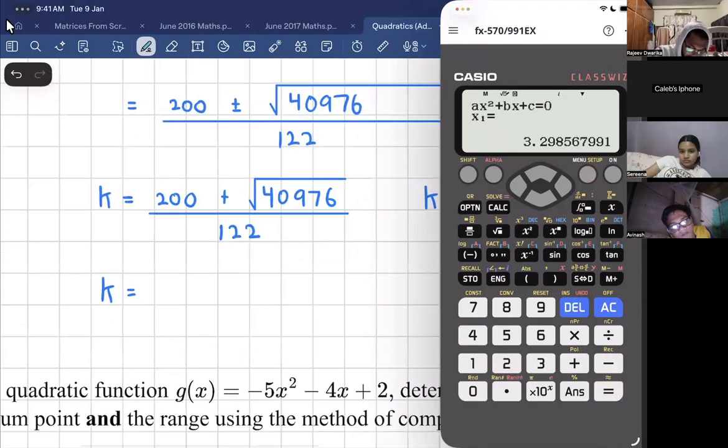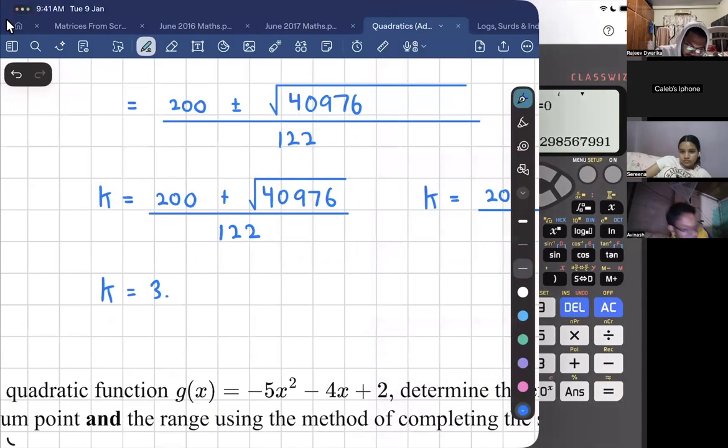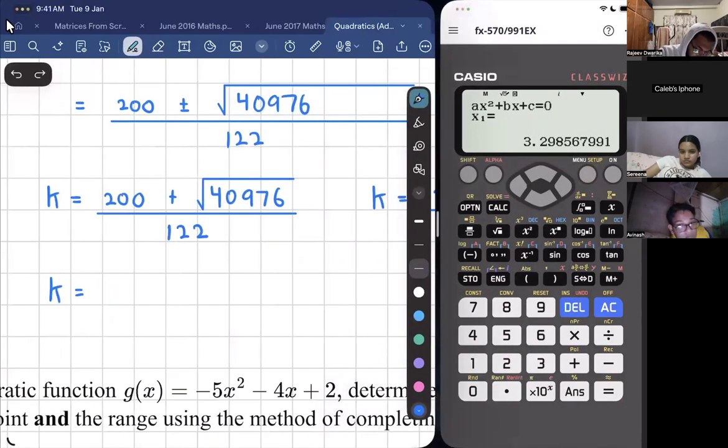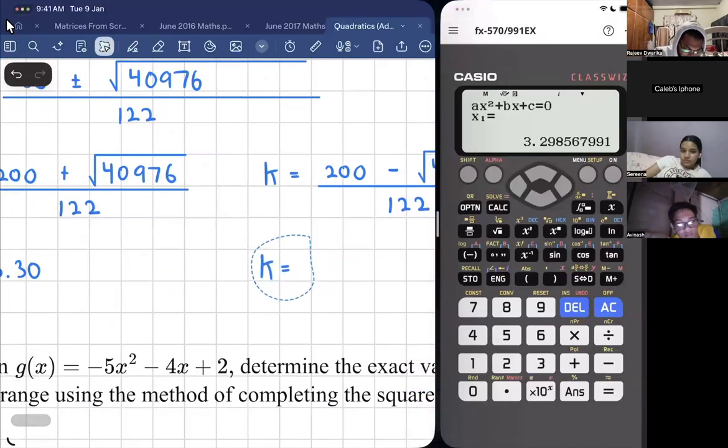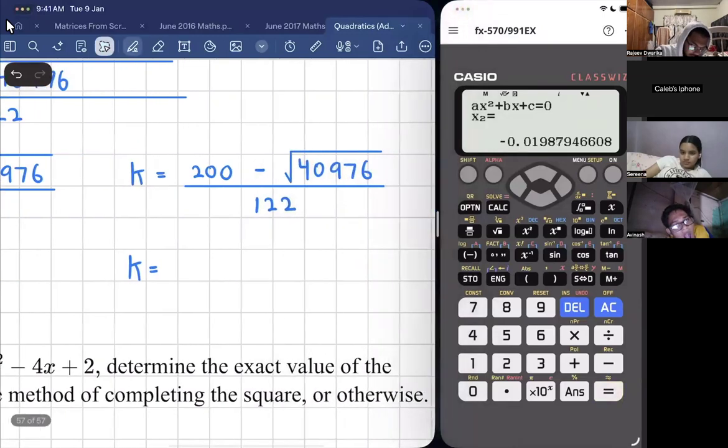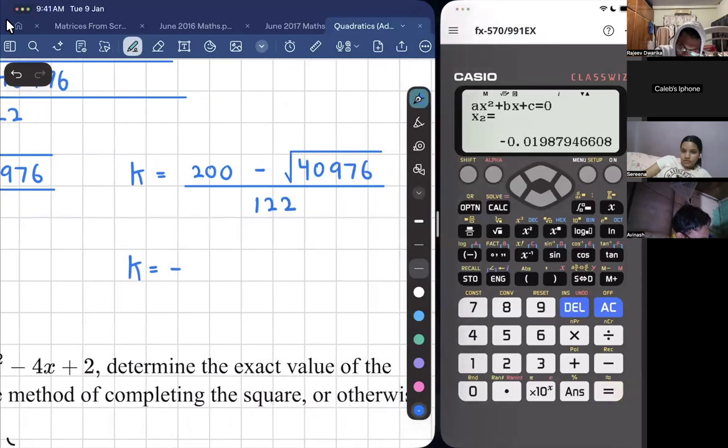Yeah, so the positive solution, to two decimal places, would be what? If I round to two decimal places, what would I get? 3.3. Yeah, 3.3. And then the other answer, which is the negative answer, K is equal to minus 0.02.